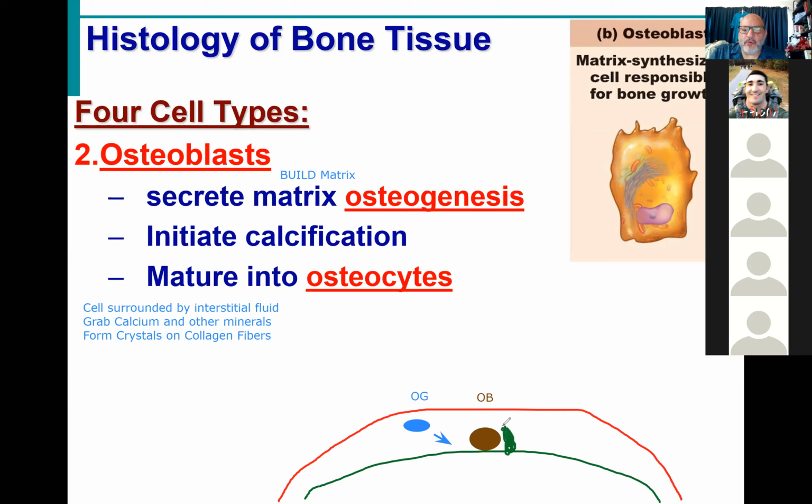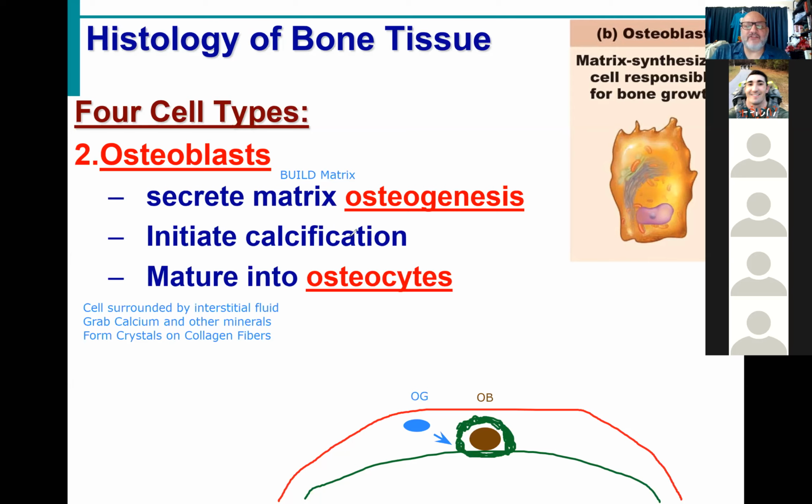And then it makes a little more matrix, and it makes a little more matrix, and it's making matrix on this side, and it's making matrix on this side, and it keeps continuing to make matrix until this cell is completely surrounded by matrix. Once the cell is completely surrounded by matrix, there really isn't any place for it to make more matrix.